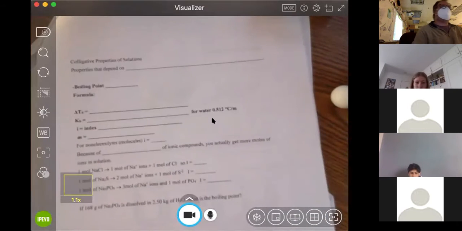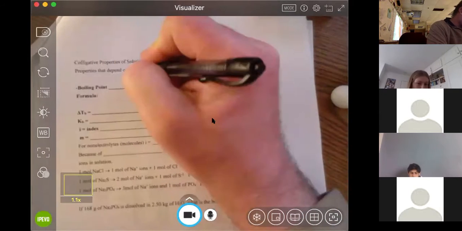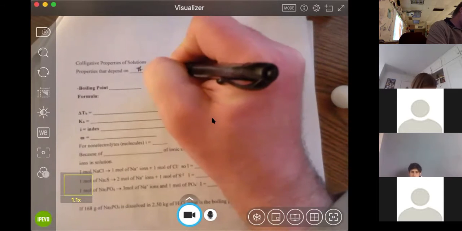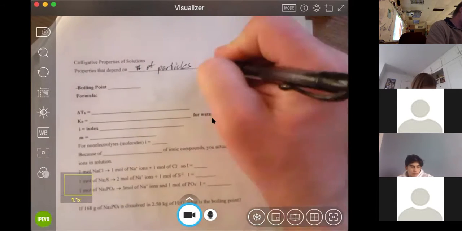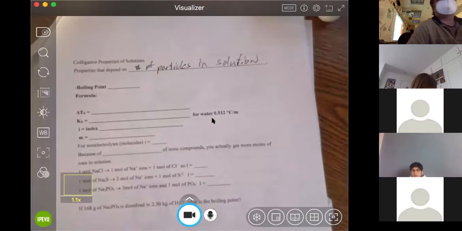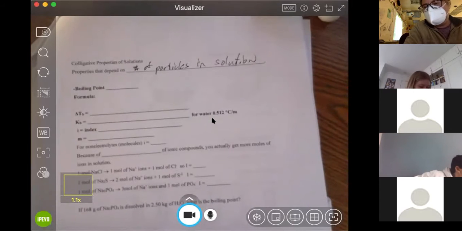All right, colligative properties. Colligative properties are properties that depend on number of particles. We know that water as a solvent is polar.